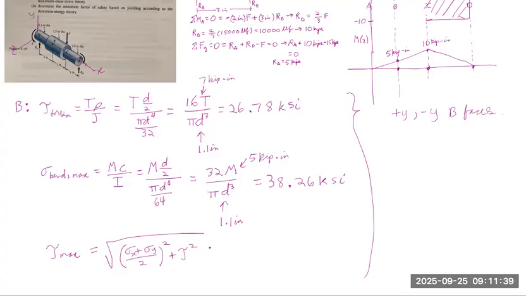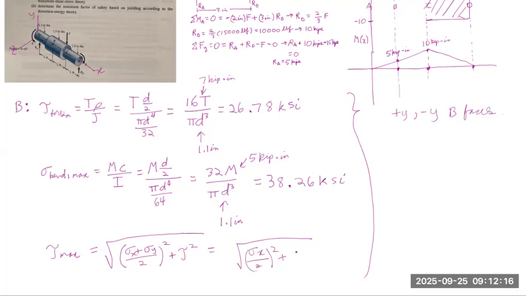And this is equal to, since on the plus y and negative y b faces we only have sigma x, I think sigma x is going to be our maximum bending stress. So we only have the square root of sigma x over 2 squared plus tau squared.